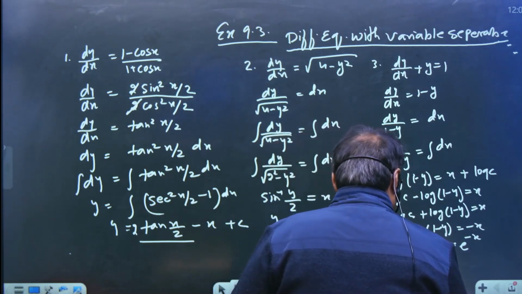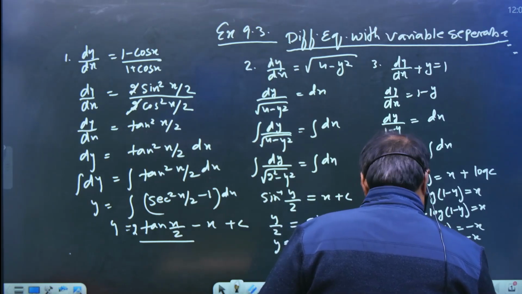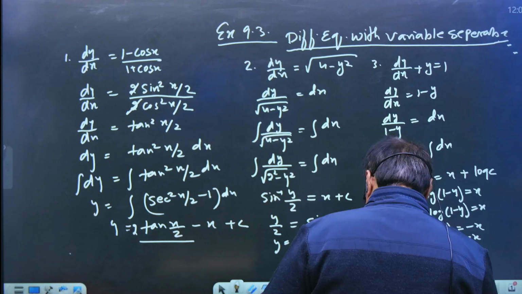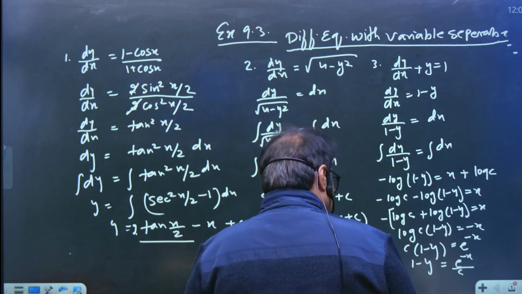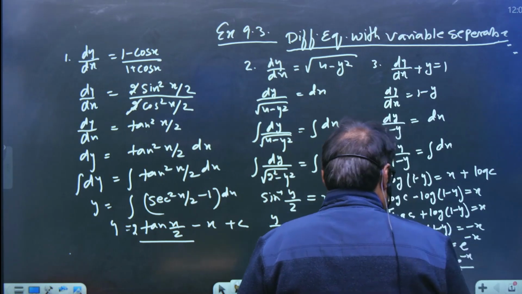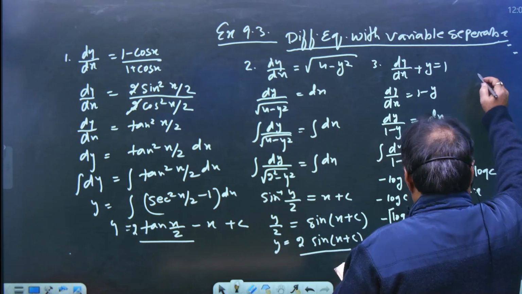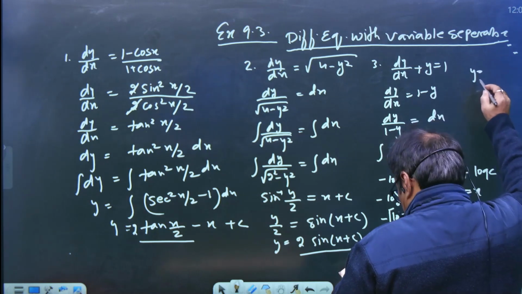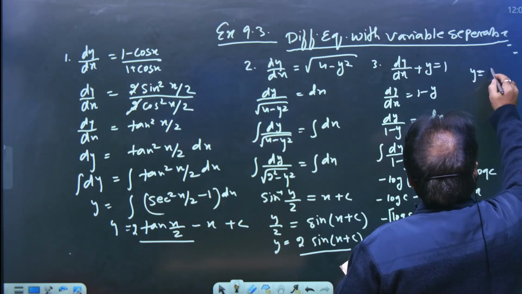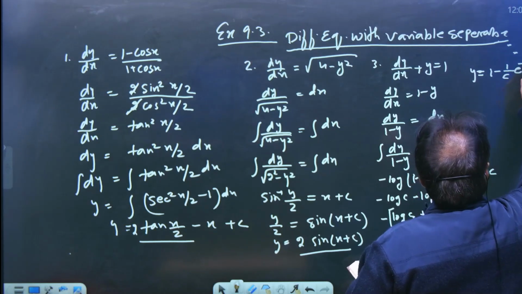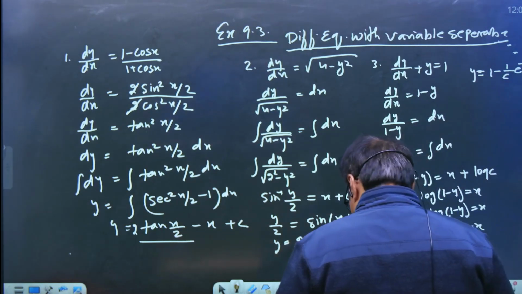So 1 minus y is equals to, that is e to the power minus x divided by c. Okay, so y is equals to, what will be the value of y? The value of y will be y is equals to 1 minus 1 by c e raised to minus x.